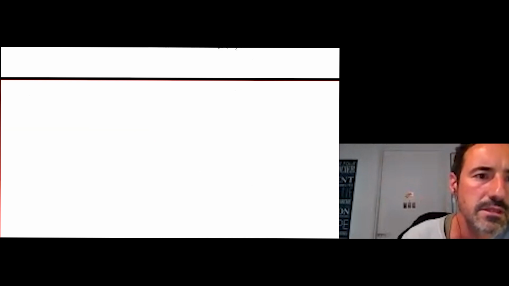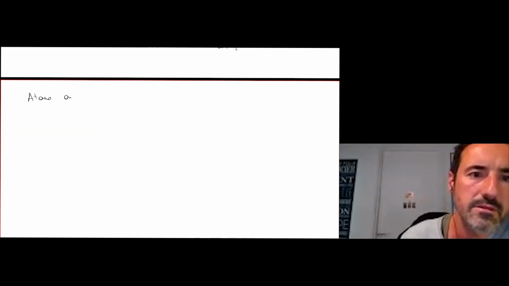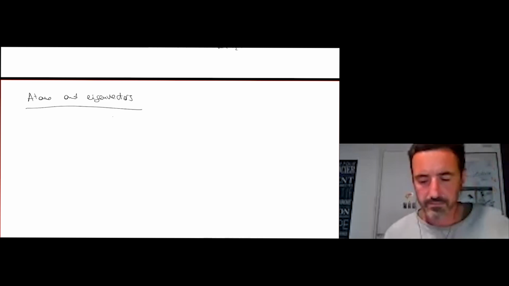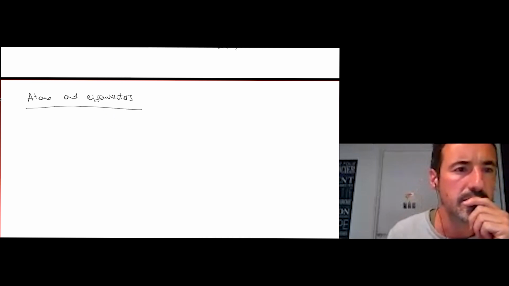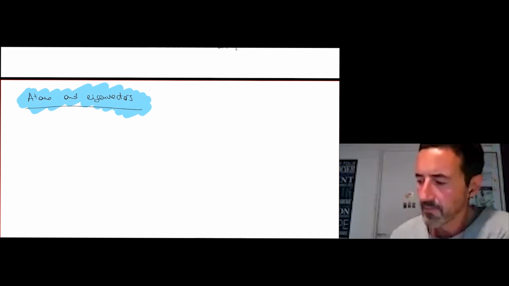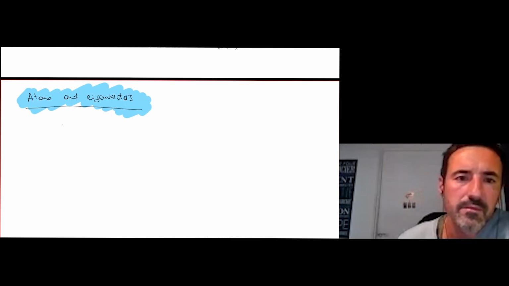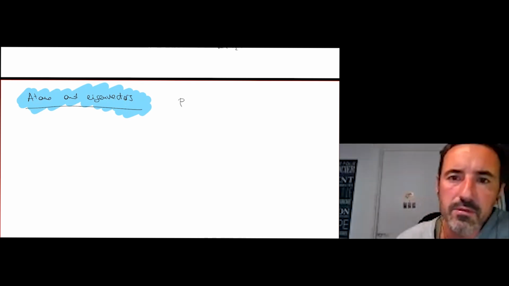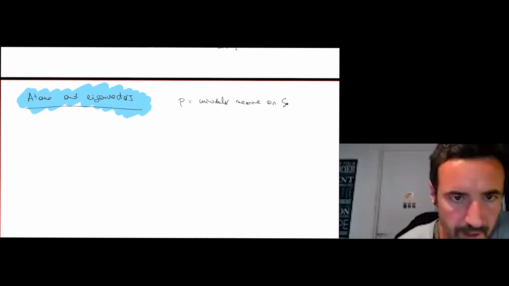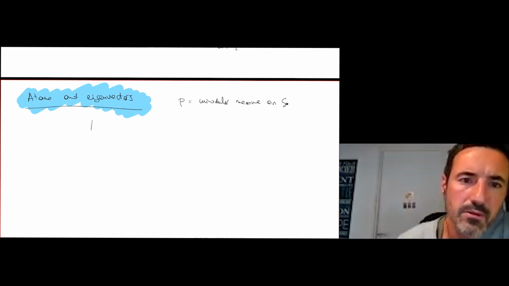I will start with some general facts on atoms and eigenvectors. So let's say rho is my unimodular measure, on my rooted graphs.